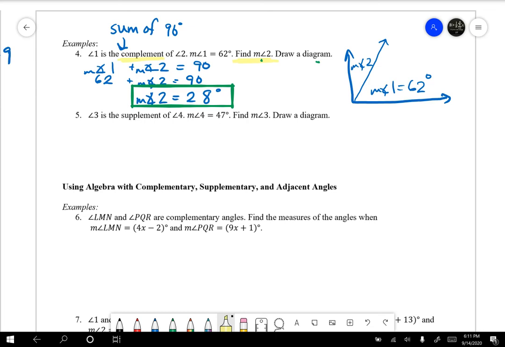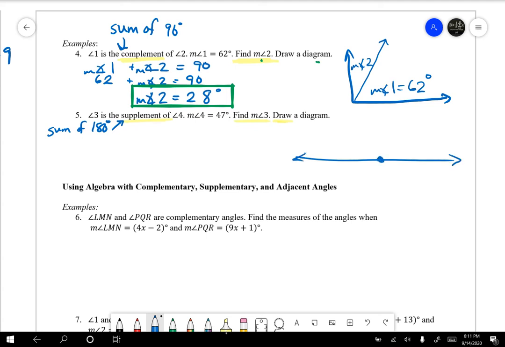Number 5. Angle 3 is the supplement of angle 4. Measure of 4 is 47 degrees. Find the measure of angle 3 and draw a diagram. This means a sum of 180, so I'm going to have a straight line basically.